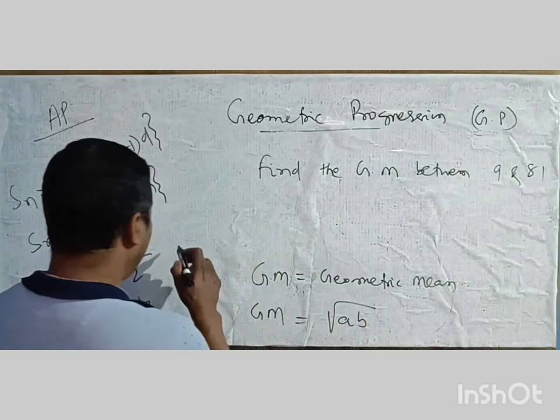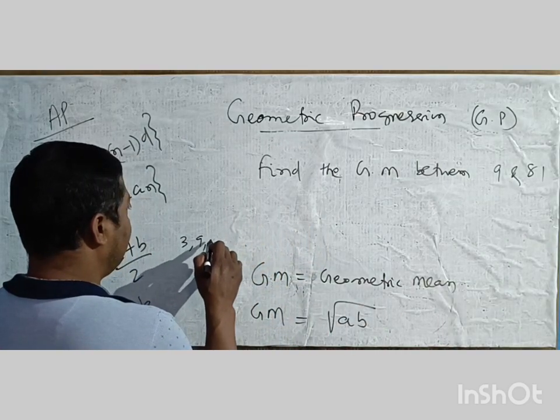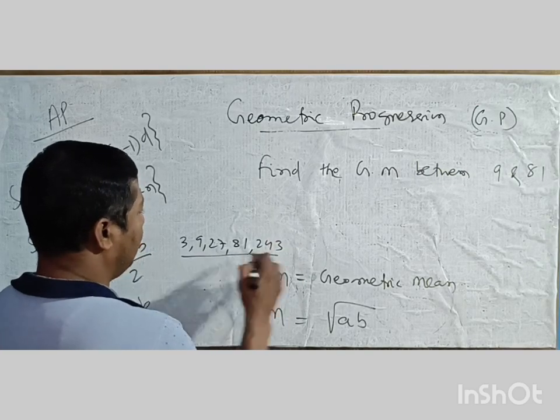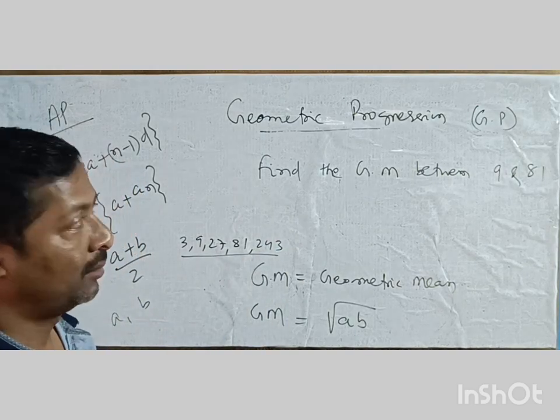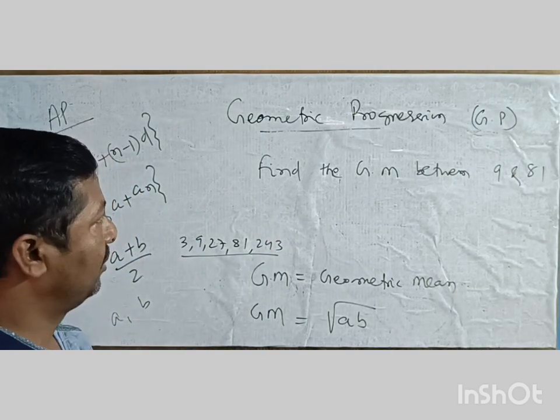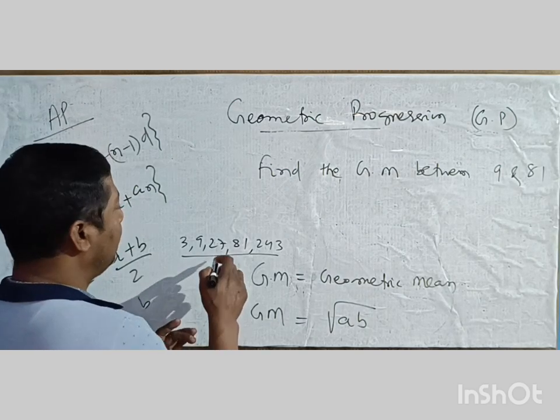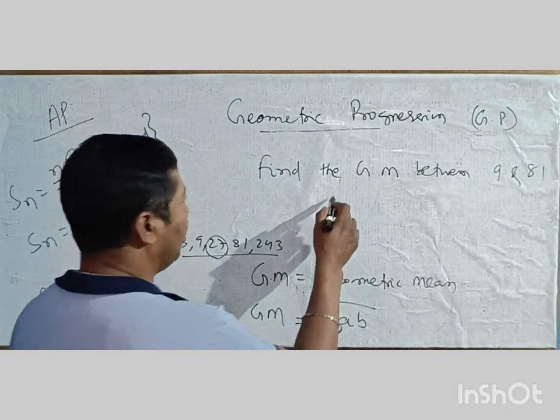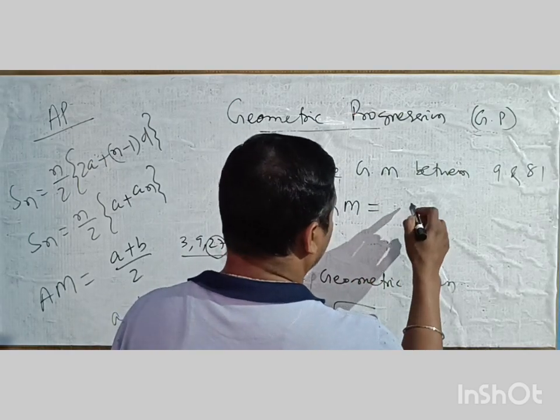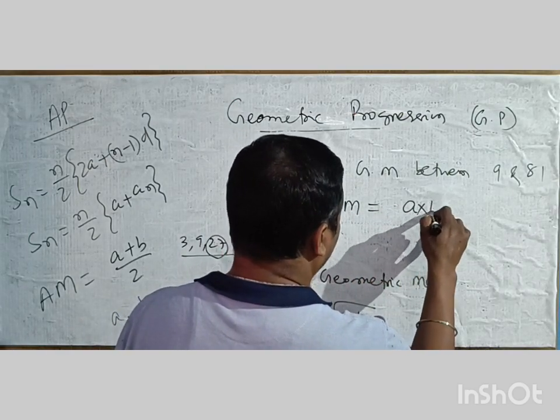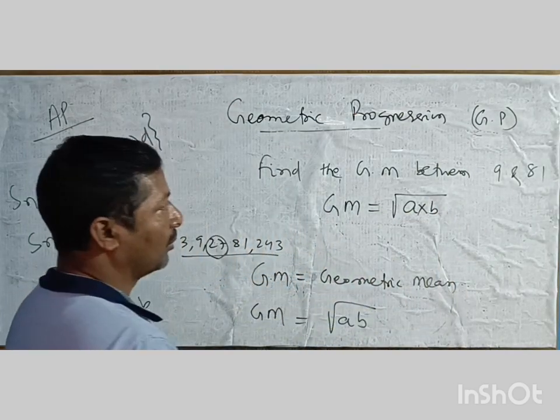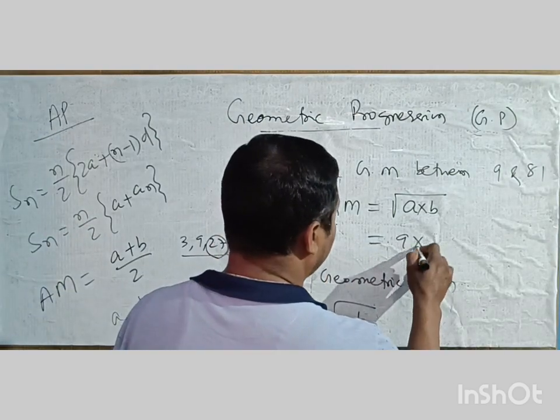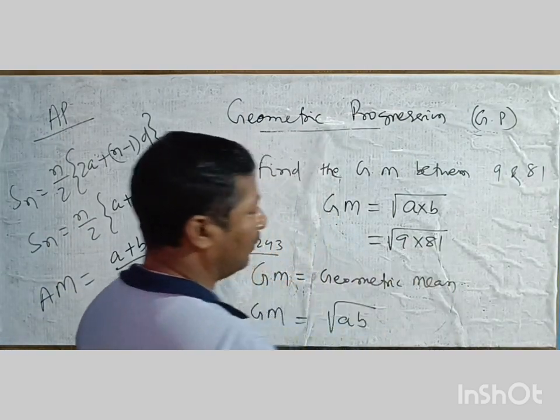We have already known 3, 9, 27, 81, 243, this is a GP. We already discussed, so how to find out this 27? The GM is equal to the root over the product of these two terms. That means root over 9 into 81.